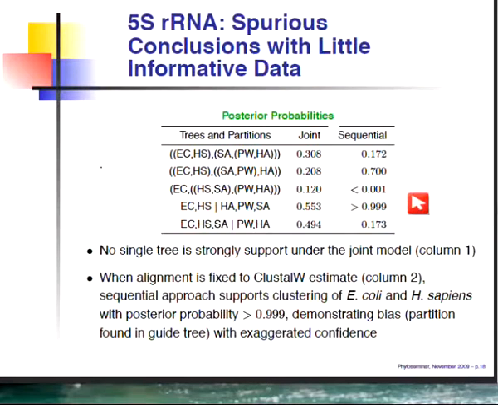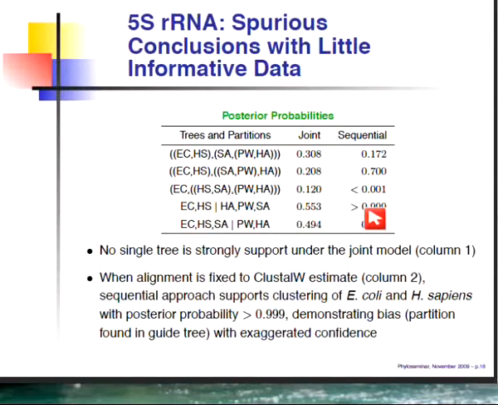But what if we had ignored that and just gone through with the sequential estimation approach that is most common? We take our sequences, we throw them into ClustalW, for example, which is a very popular program, and then do Bayesian inference over the trees that we get. Well, here are the results that you find. What I've listed here are posterior probabilities of different partitionings of the data, conditional on the ClustalW alignment.